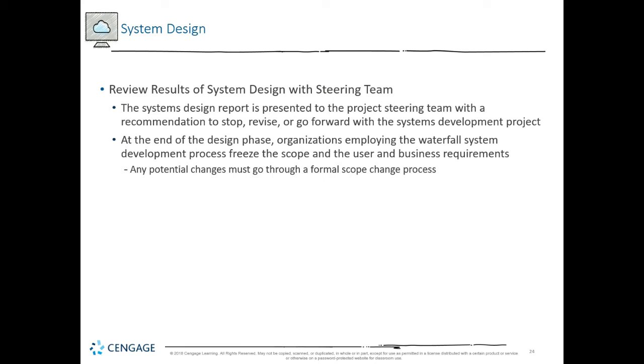The system design report is presented to the project steering team with recommendations to stop, revise, or go forward with the system development project. At the end of the design phase, organizations employing the waterfall system development process freeze the scope and user and business requirements. Any potential changes must go through a formal scope change process.